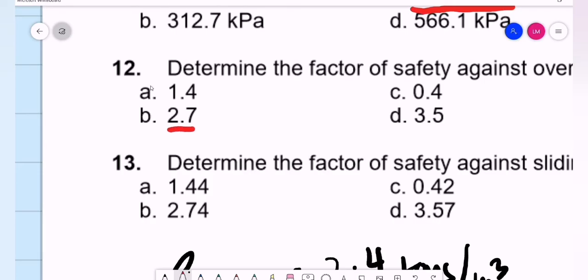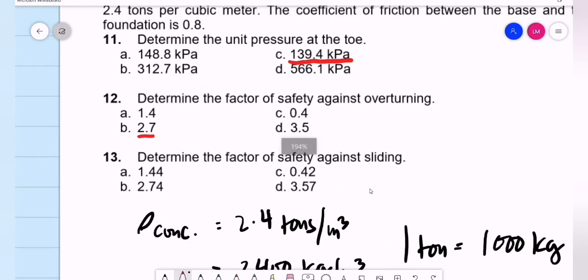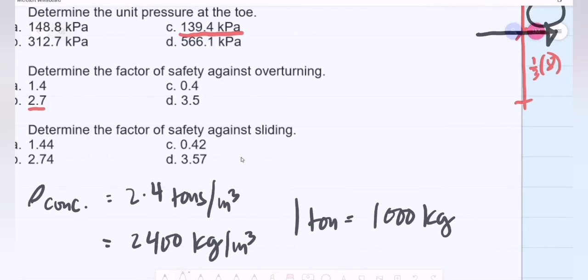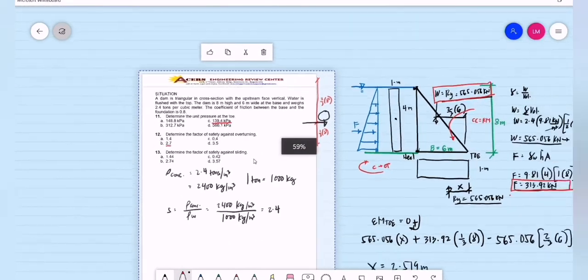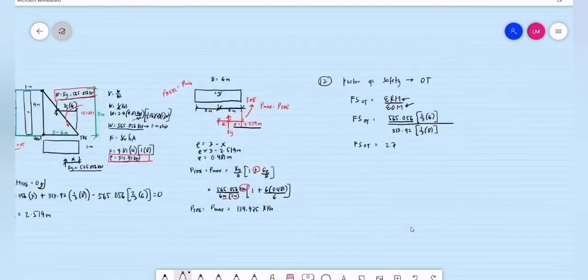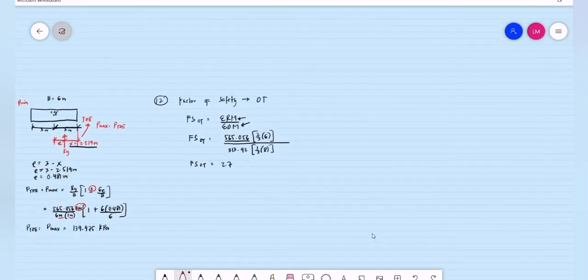And lastly, number 13: determine the factor of safety against sliding. How do we compute the factor of safety against sliding?